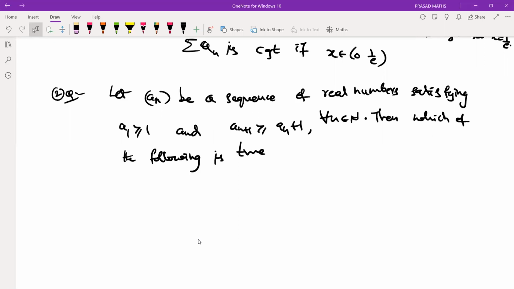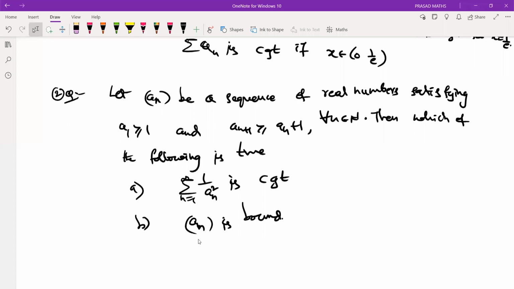First one, the series summation 1 by n square is convergent. Second one, this sequence a_n is bounded sequence. Third one, the series summation 1 by a_n square is convergent.